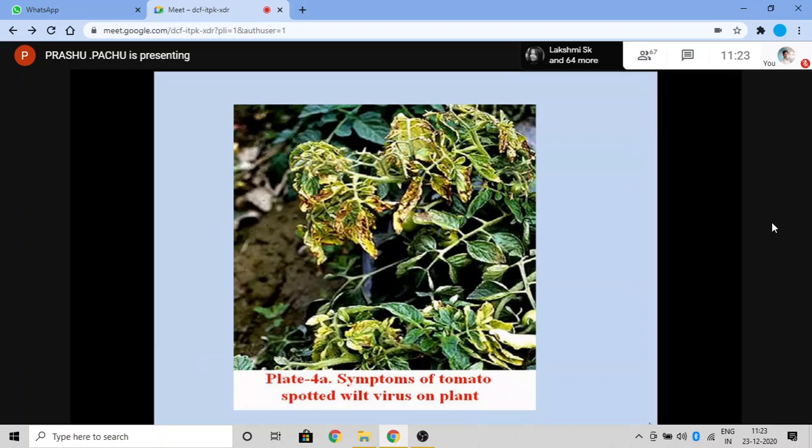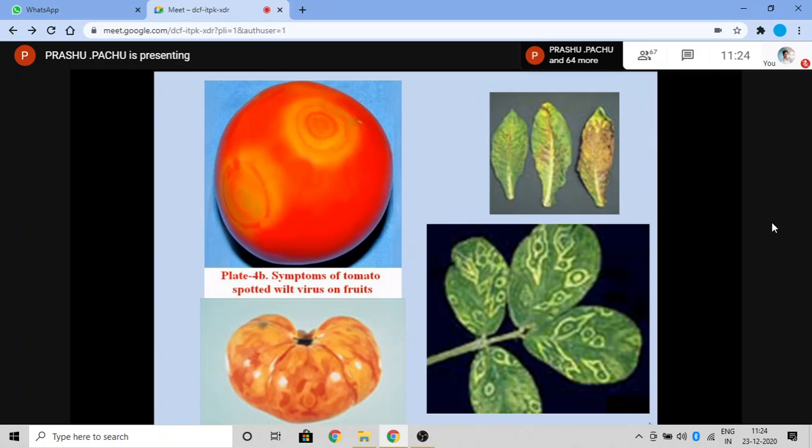This is also one of the typical symptoms for the identification of this problem. Usually this tomato spotted wilt virus also causes the groundnut bud necrosis virus. This is in groundnut. And this is a leaf infected with the Tosso virus, tomato spotted wilt virus disease. So these are some of the pictures which give some idea for the identification of the disease at the field level.